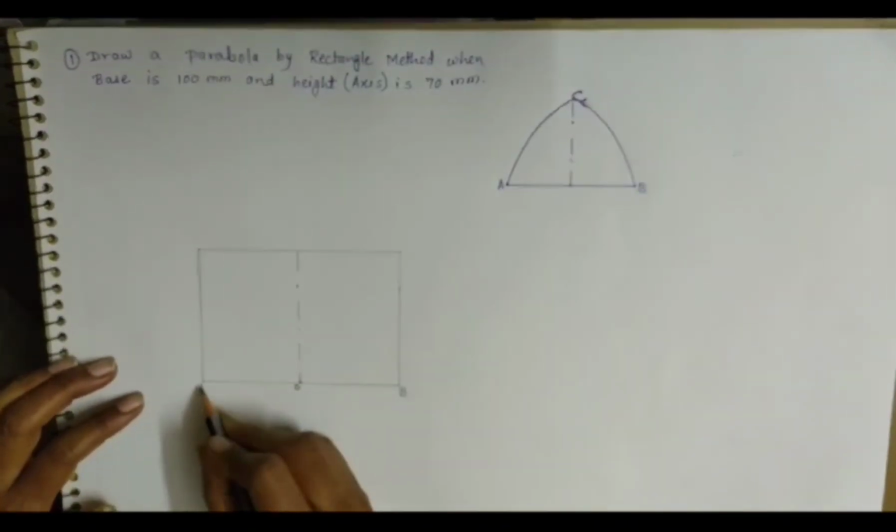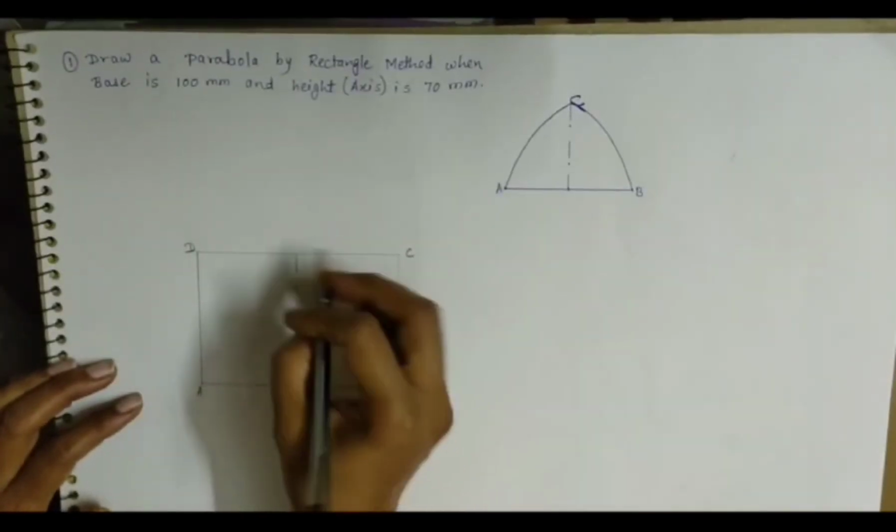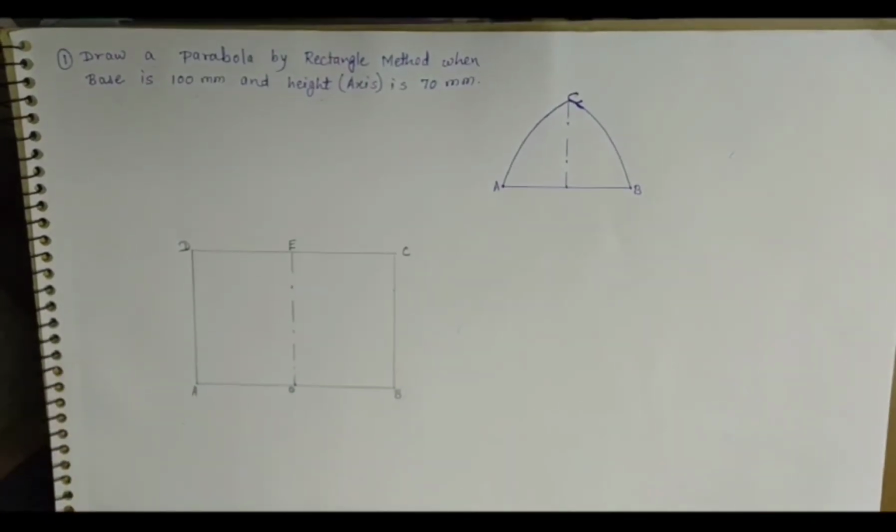Name this rectangle as A, B, C, D, and name the axis as EO.